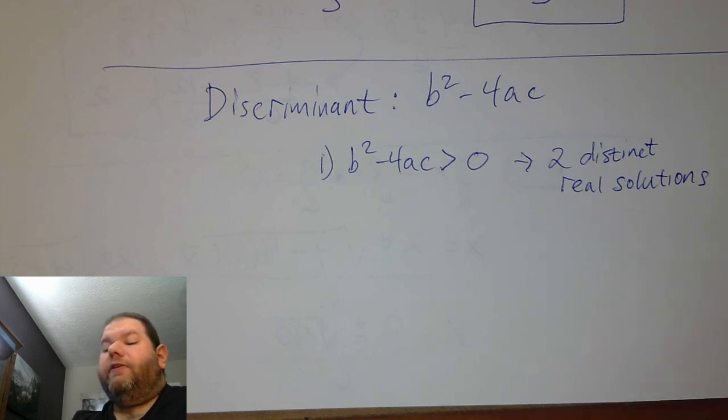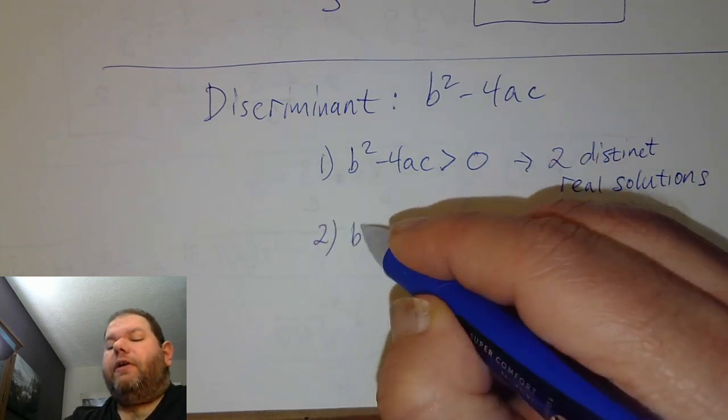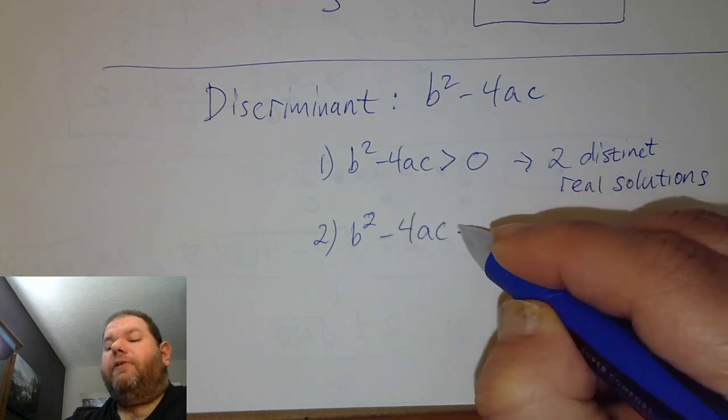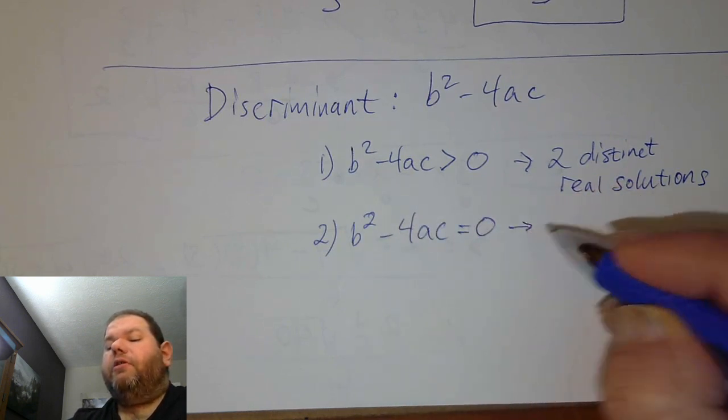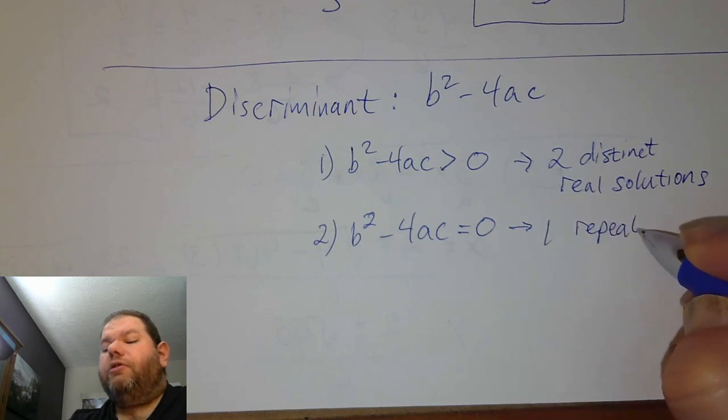And in this case, distinct means that we expect 2 different real number solutions. Second, if b squared minus 4ac happens to equal 0, then we have 1 repeated real solution.